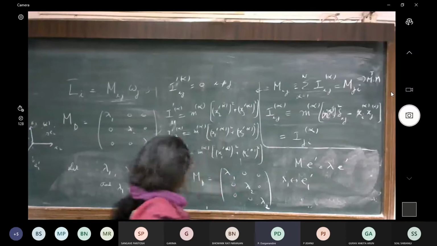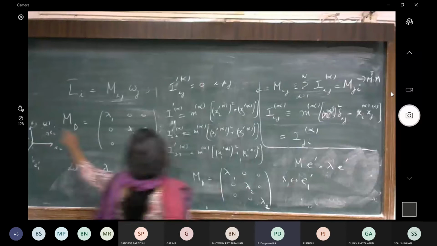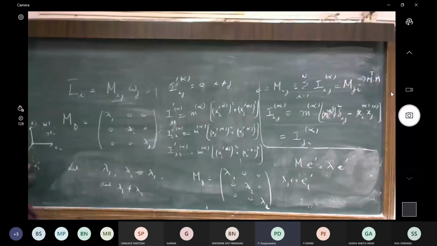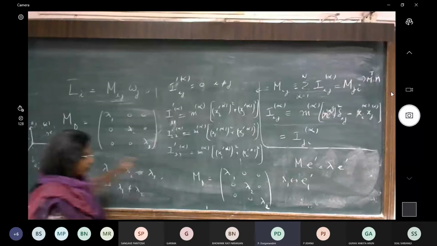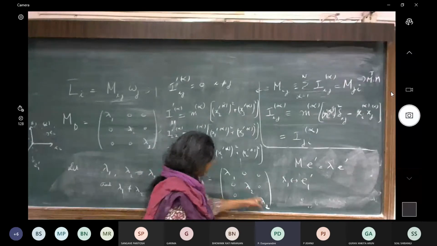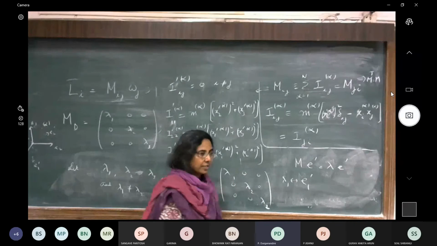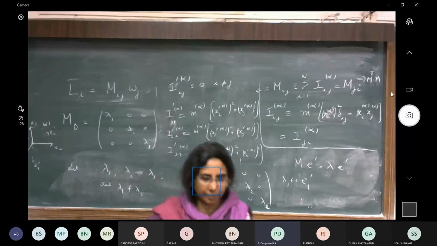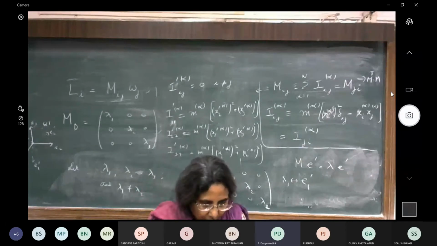What you do is, see, you have got E1 prime. Let's say that this is the eigenvector corresponding to lambda 1. Then you know that because lambda 2 is not the same as lambda 1, the eigenvectors of these two must be orthogonal to the eigenvector corresponding to eigenvalue lambda 1.